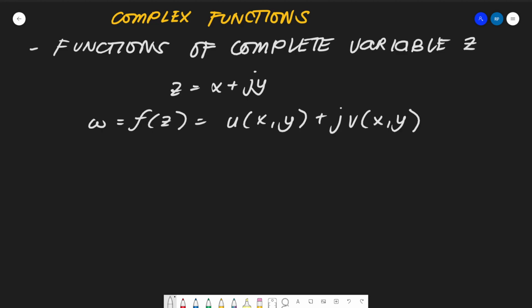So, u is the real part nung function, yung walang imaginary number na kasama. Then si v naman yung imaginary part nung function. In this lesson, ang goal lang naman natin is to determine what are the real part and the imaginary part of the complex function that we're asked to evaluate.